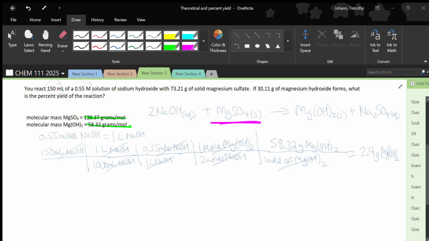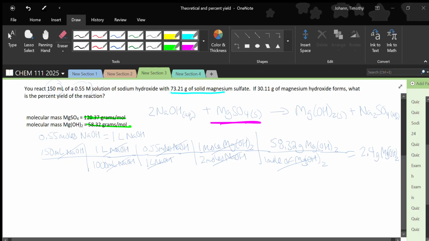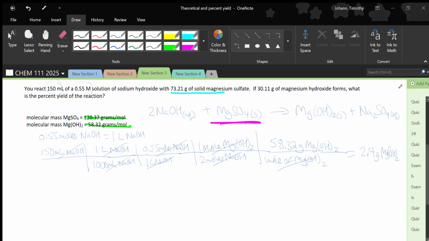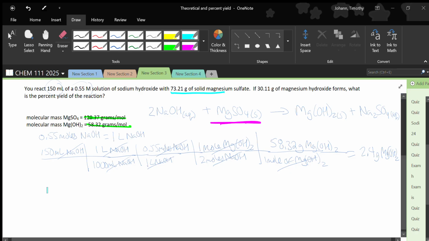So here, the problem tells me that I have 73.21 grams of magnesium sulfate, then I need to go to moles of magnesium sulfate, so then I can go to moles of magnesium hydroxide.